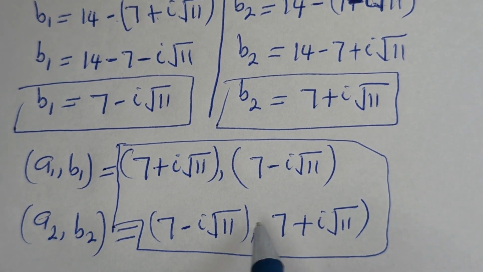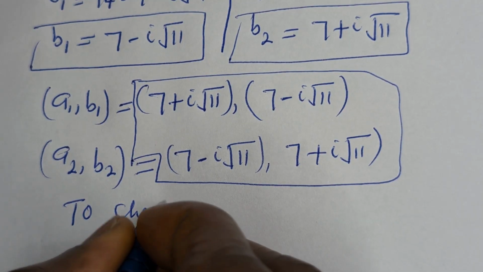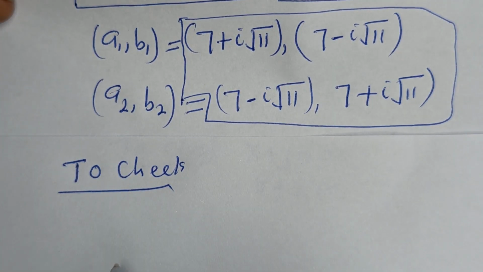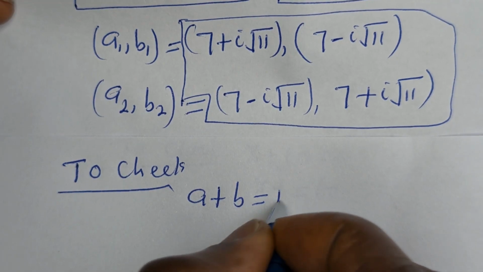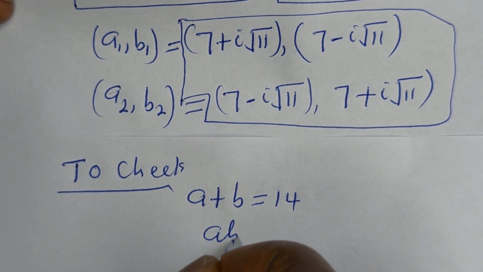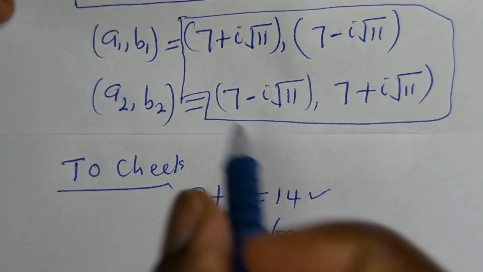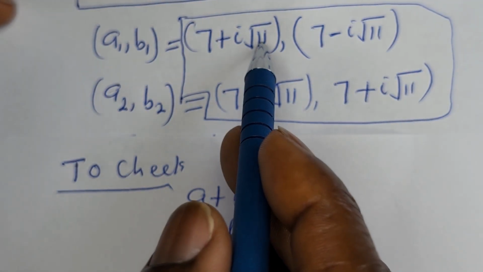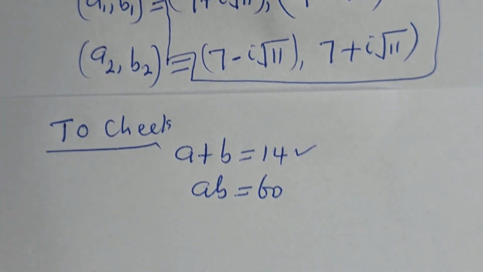We may check to confirm if this answer is right or wrong. Let's check. To check, we have the given equation A plus B is equal to 14, AB is equal to 60. Let's consider this when A is 7 plus I root 11 and B is 7 minus I root 11.